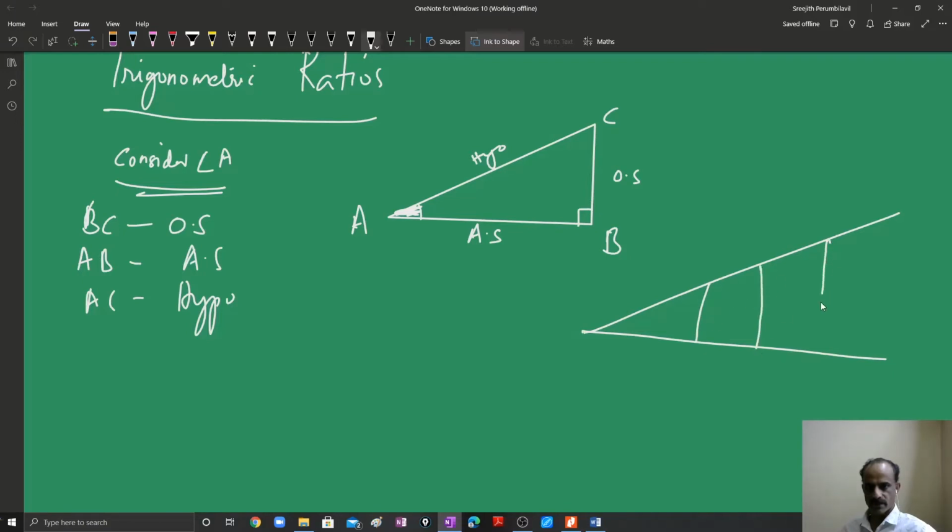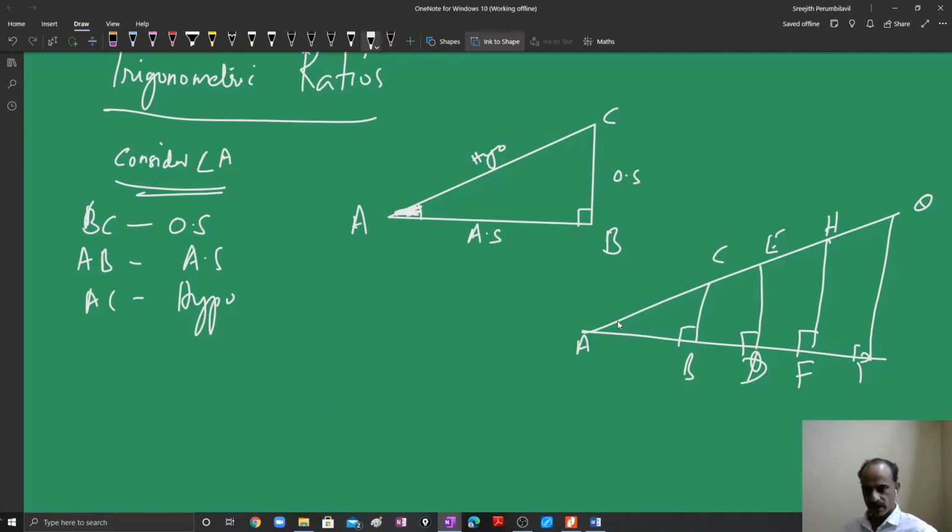This is angle A, B, C, D, E, F, H, P, Q, and everything. There are different right angle triangles. One is ABC, the other one is ADE, other one is AFH. These are all right angle triangles.